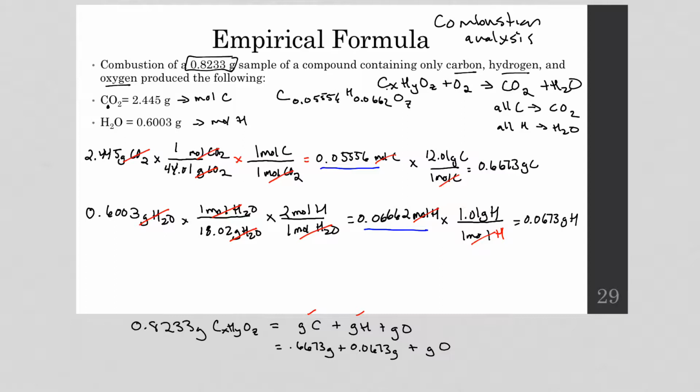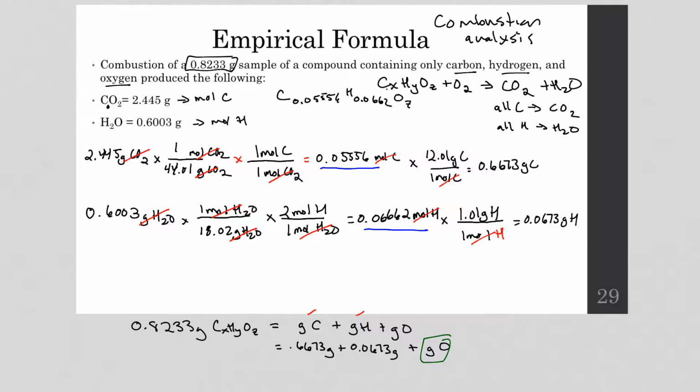So now I have the total mass, and I have the two parts, and I'm just missing the grams of oxygen. So now, this is pretty simple math, right? I just need to subtract these from here to see how much mass of oxygen I have to have.